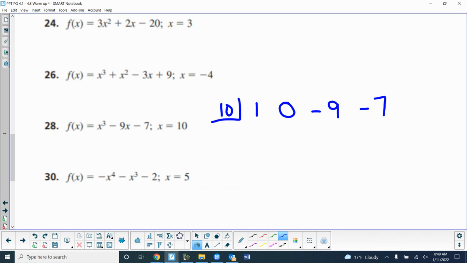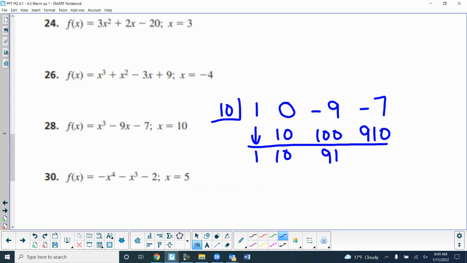And negative 7. So make sure you add your 0. So 10 times 1 is 10. 0 plus 10 is 10. 10 times 10 is 100. Negative 9 plus 100 is 91. 10 times 91 is 910. Minus 7 is 903. That's our answer.